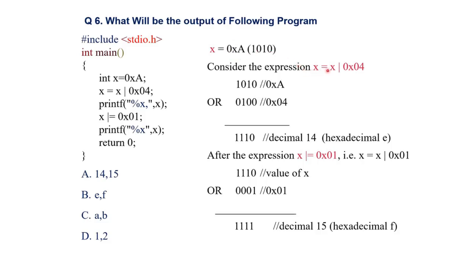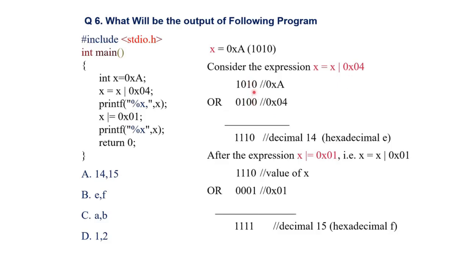Now consider this expression: x equals x OR hexadecimal 04. Let us solve this expression first. The value of x is 1010 here, and the second operand is 0x04. The binary equivalent of 0x04 is 0100.